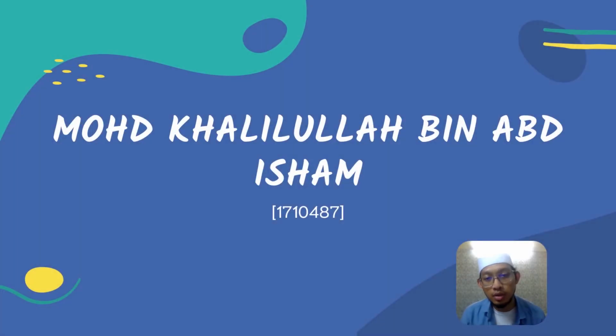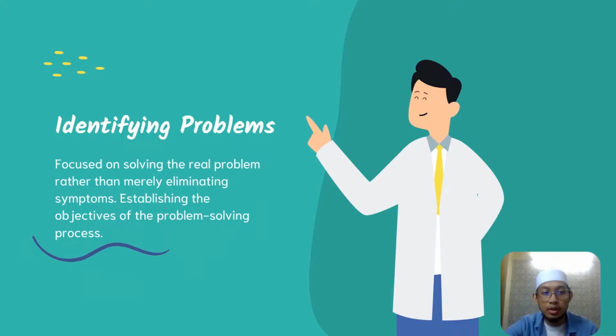My name is Khalilullah bin Abdul Hisham, and following my friend Rushdan, my part is identifying the problem from the book 101 Creative Problem Solving Techniques by James M. Higgins. On this part, identifying problems is the first part we have to go through before finding the solutions.